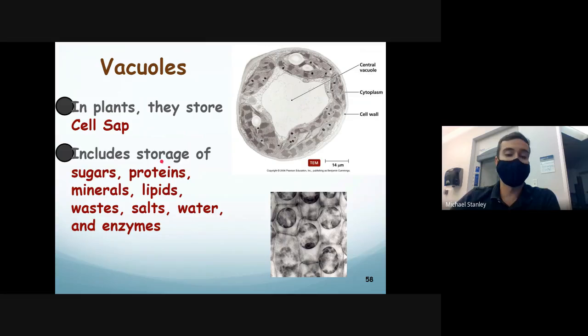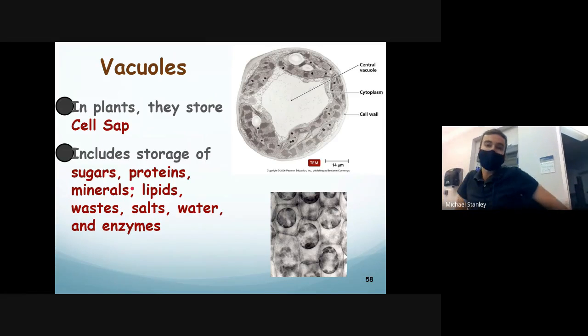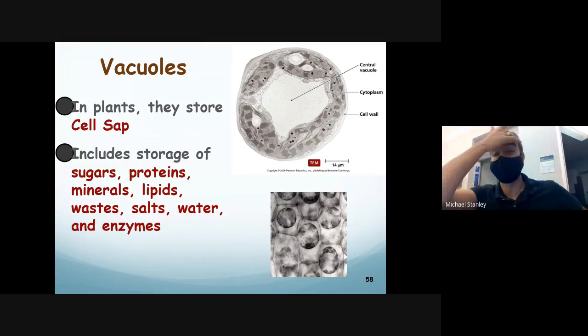They can also store proteins, minerals, lipids, salts, enzymes, water, waste products from the cell. A whole bunch of different storage options for your plant cell inside of these big central vacuoles. Again, animal cells sometimes have vacuoles, and when they do, they tend to be pretty small and hard to notice. Plant cells, very big.